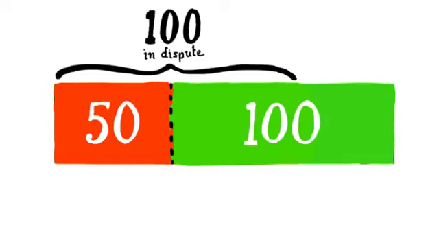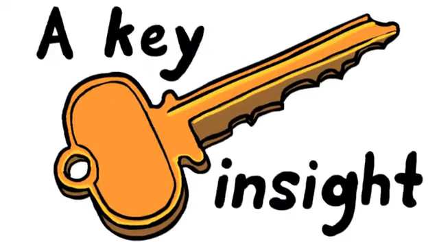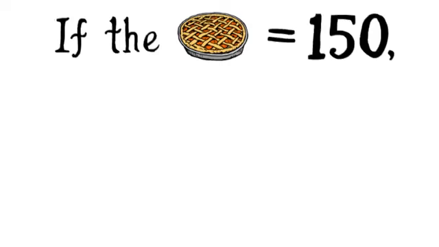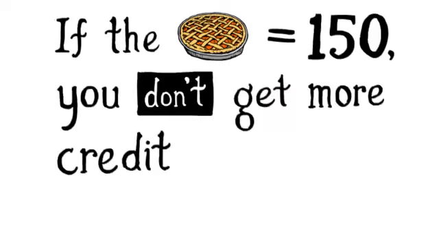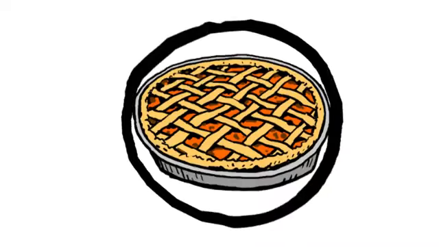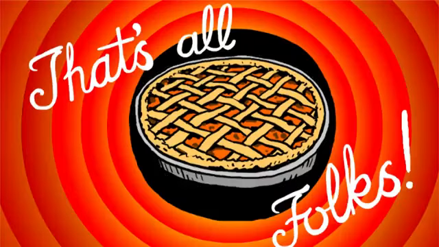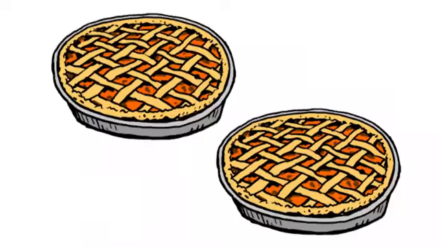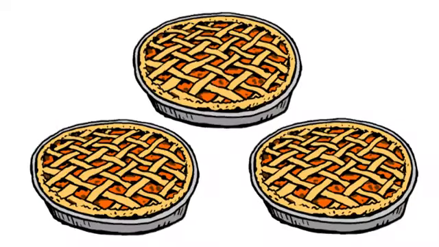This picture helps us appreciate a key insight from the principle of the divided cloth. If the total pie is 150, you don't get more credit for claiming 200 than for claiming 150. In other words, once you have a claim on the entire pie, that's it. You don't get any more for claiming 2 or even 3 times the pie.